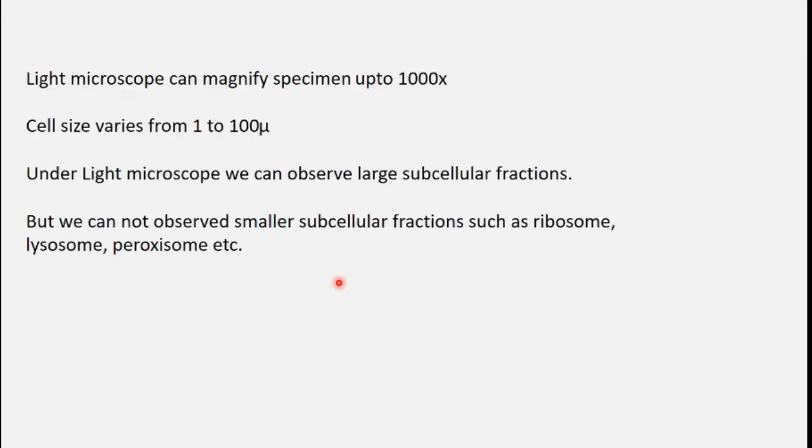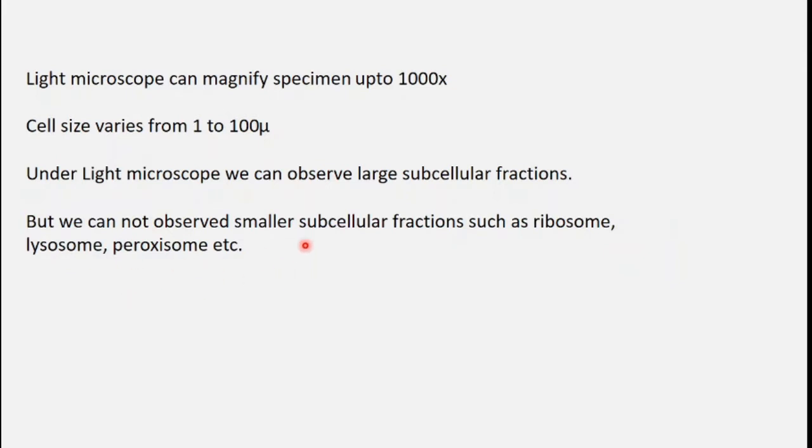Contemporary light microscopes are able to magnify objects up to 1000 times. Since most cells are between 1 and 100 micrometers in diameter, they can be easily observed by light microscopy, and some of the larger subcellular organelles such as nuclei, chloroplasts and mitochondria can also be easily observed under the light microscope.